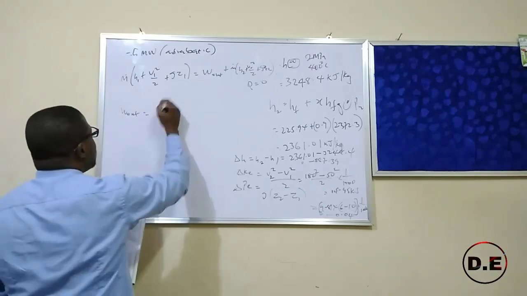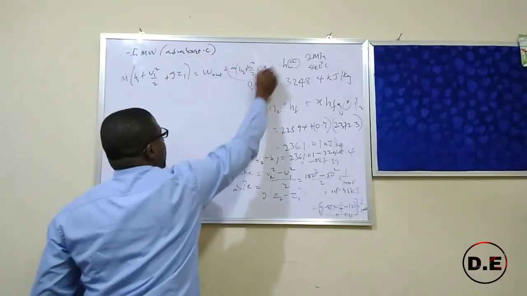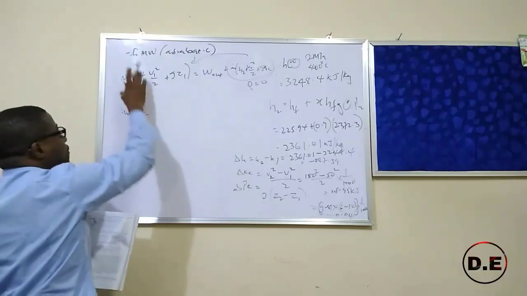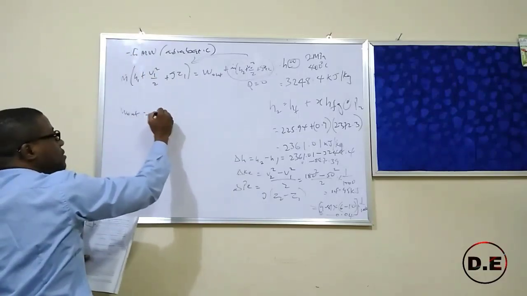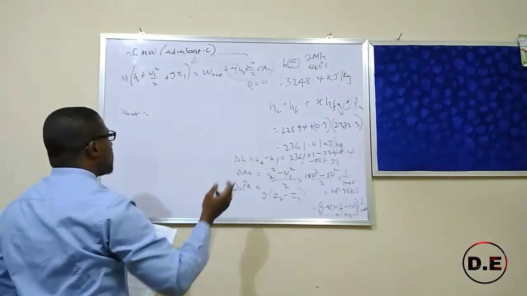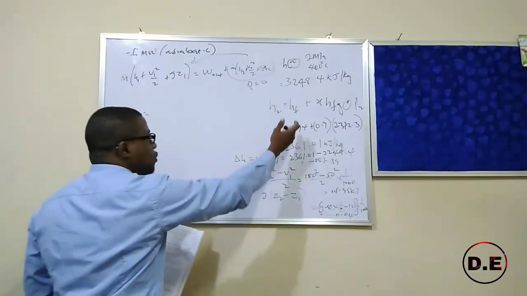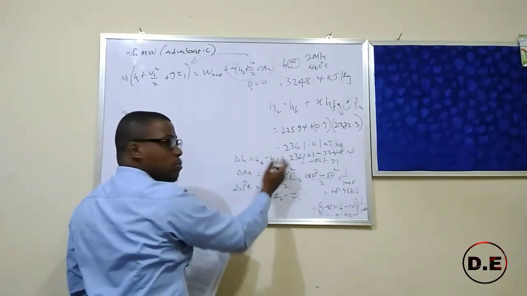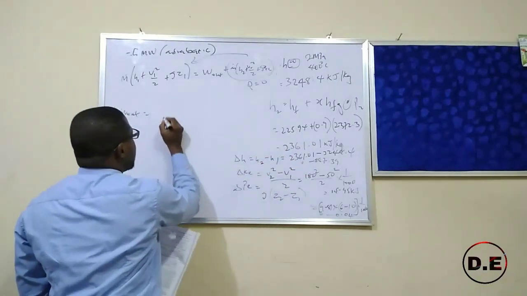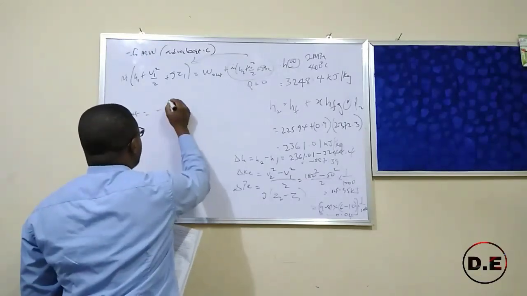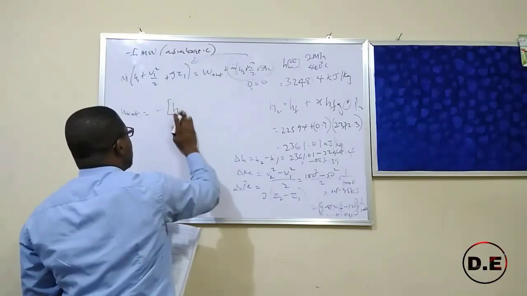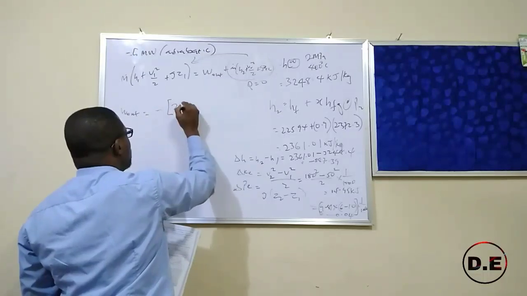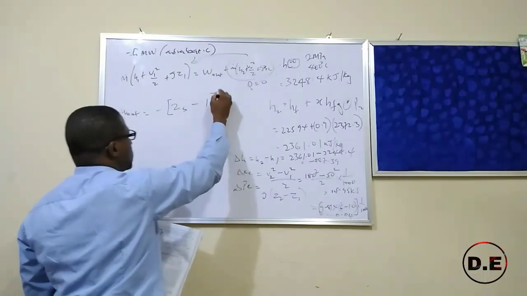If I take everything over the equality sign, I'll have state 1s minus state 2s. However, we have already used 2 minus 1, so I will put a negative sign here so that I can use the 2s minus 1s.